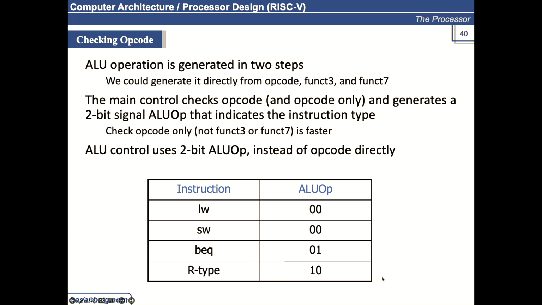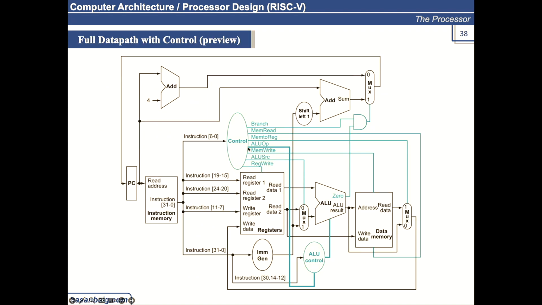Now, R type could be add, subtract or anything, which means that if the instruction is R type, then we have to look into the func3 and func7 fields. So we are not looking into func3 and func7 in the control unit. Only if it is needed, then we will look into those fields in the ALU control.